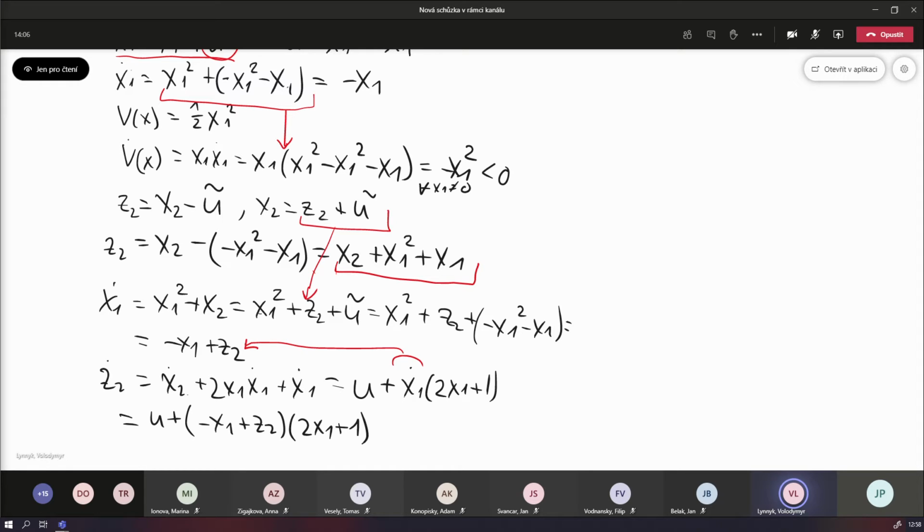Now we need to design the control via the control Lyapunov function.